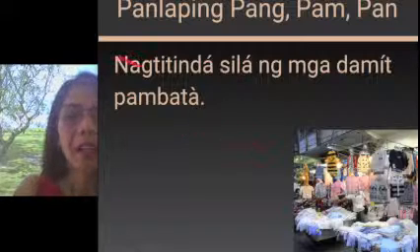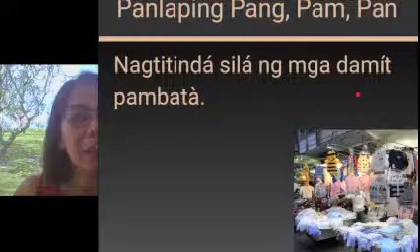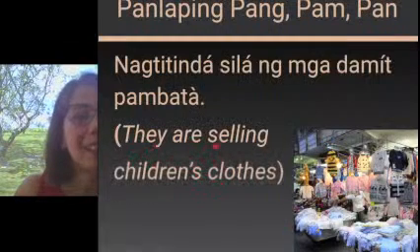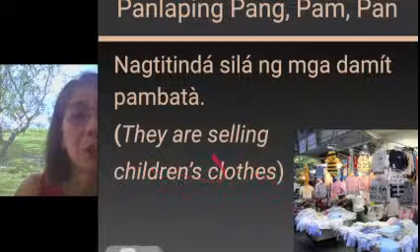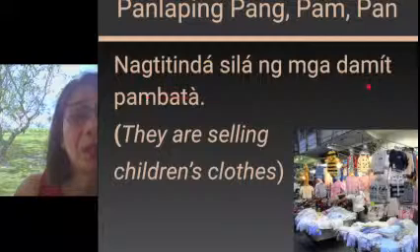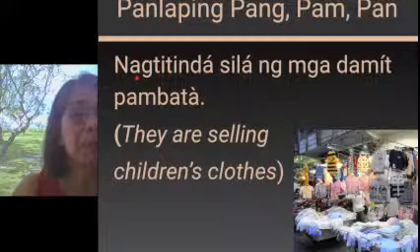Nagtitinda sila ng mga damit pambata. In English, it means they are selling children's clothes. So, damit for clothing, pambata means referring to children's. Who would use those clothing? Children, pambata. Repeat after me, Bruce.